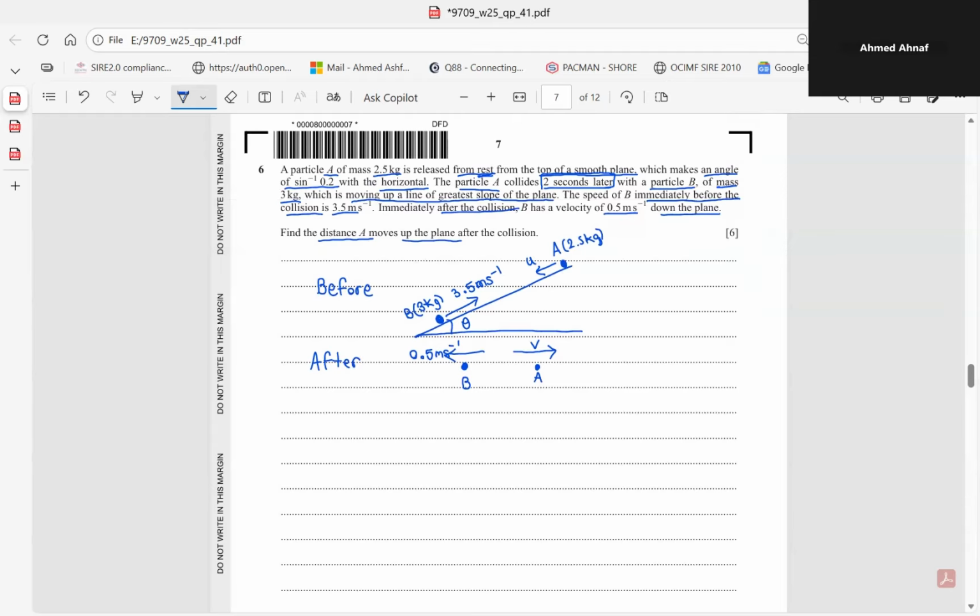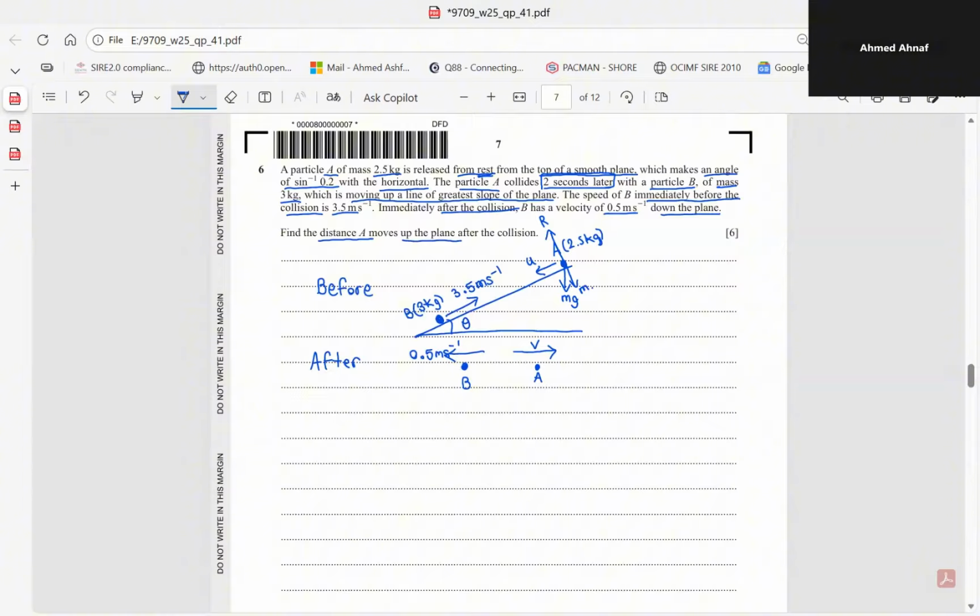okay, so it's a smooth plane. So the only force that should be acting downwards, okay, so let's draw a little force diagram. So for A, only the weight is acting, there's no friction. And consequently, there's also the normal contact force R. Okay, so R is equal to this vertical component of mg with respect to the slope.